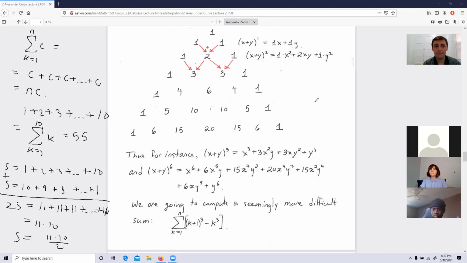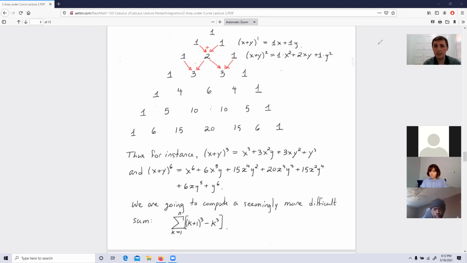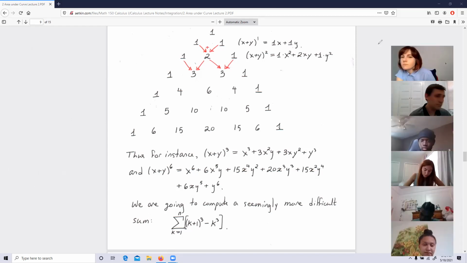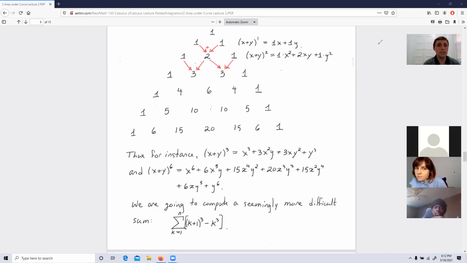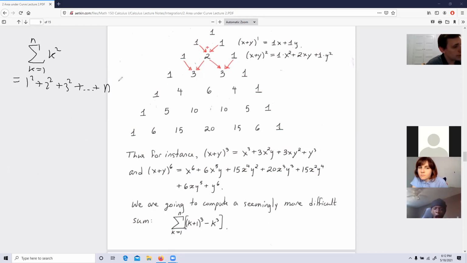What's next? What's next is we have figured out, guys, how to find the summation of the squares. So the sum from k equals 1 to n of k squared, right? And that summation is the summation for 1 squared plus 2 squared plus 3 squared plus ... plus n squared.